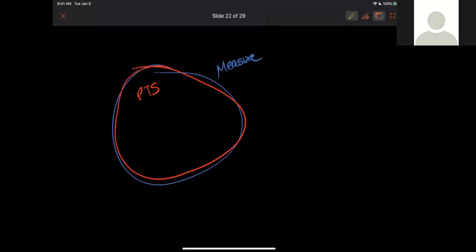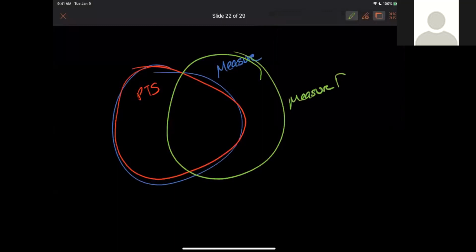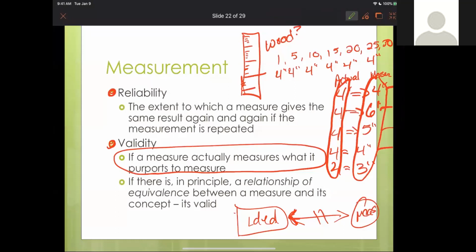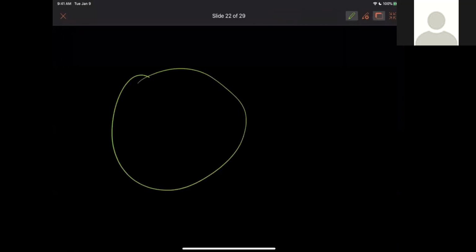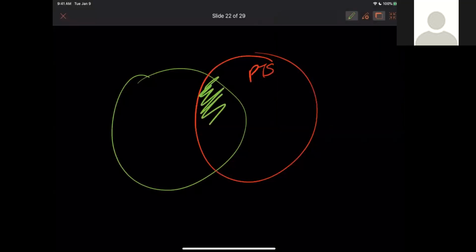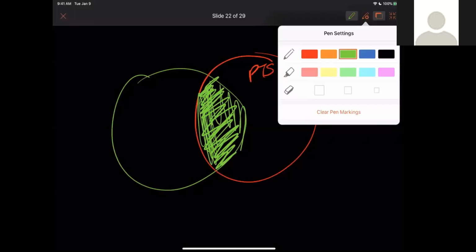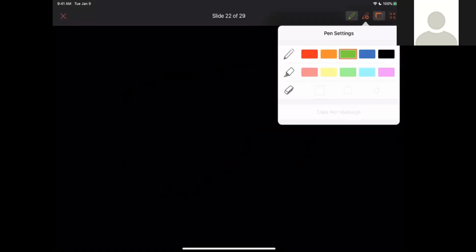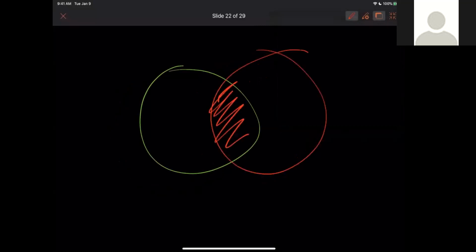If we end up doing something like this, this is our measure, our green measure, measure B. If this is our post-traumatic stress and green is our measure, we did get overlap here, and so what that means is we have some of the right information in terms of what we're measuring. Everything in the overlapping section is correct.